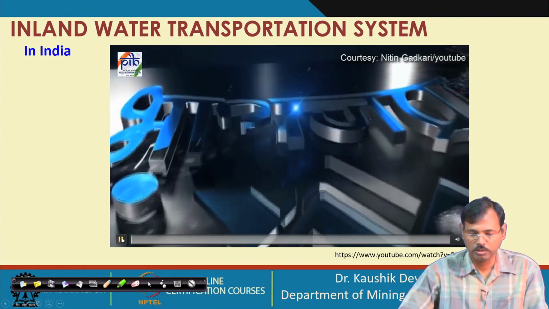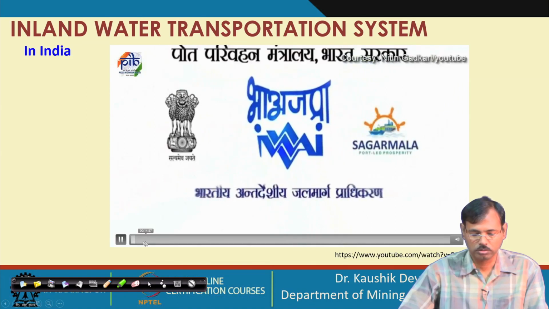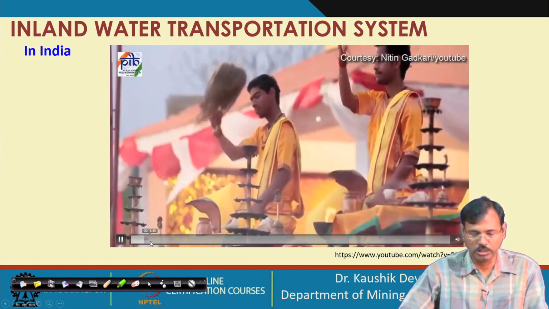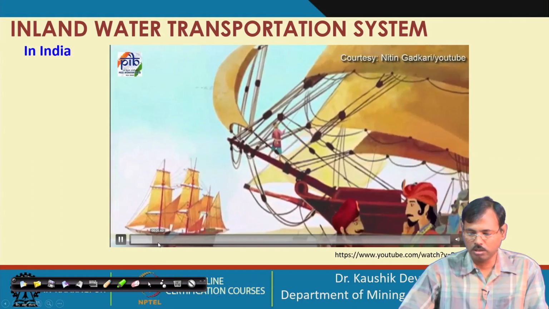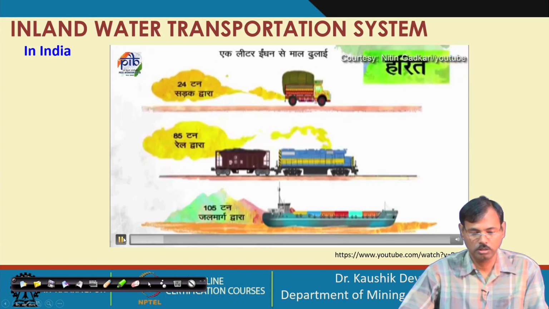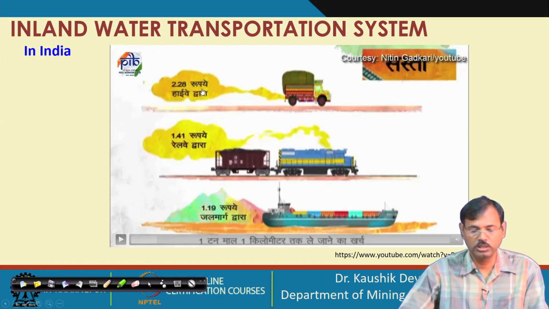This is another video. This is for the inauguration of the same, and this is showing the transportation cost. 2.28 rupees per ton per kilometer is the truck transportation cost, 1.41 rupees per ton kilometer is the rail transportation cost, whereas close to 1 rupee is the cost for the water transportation system.